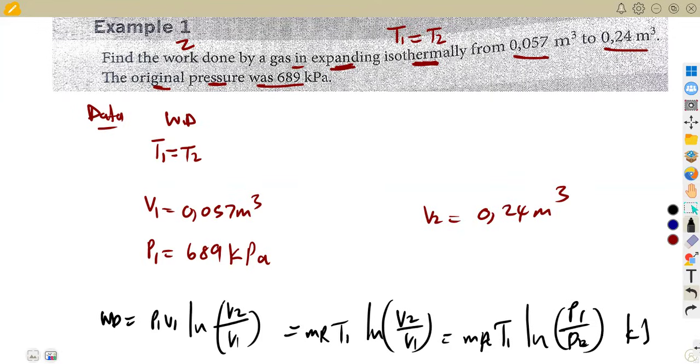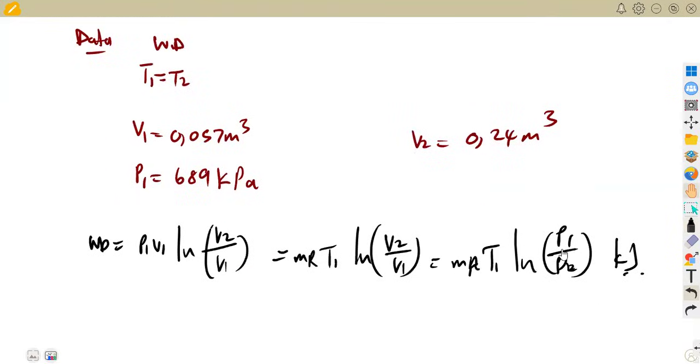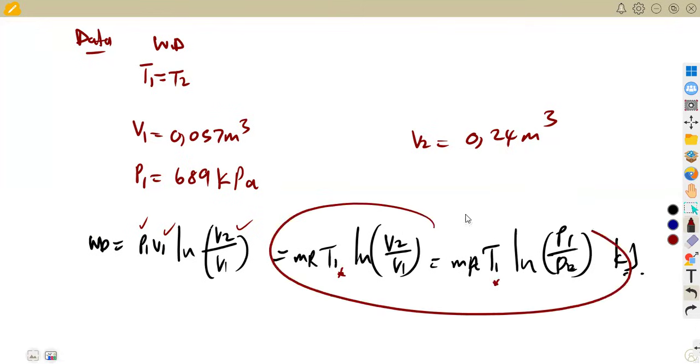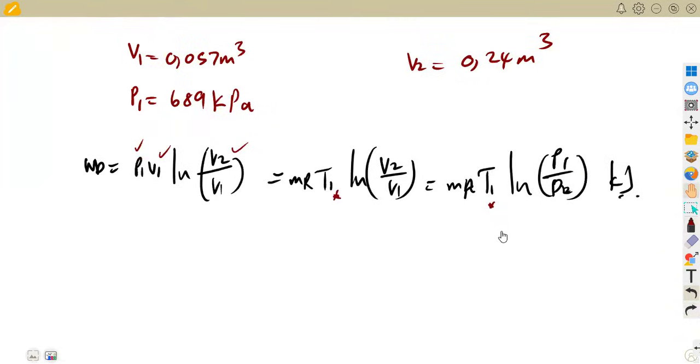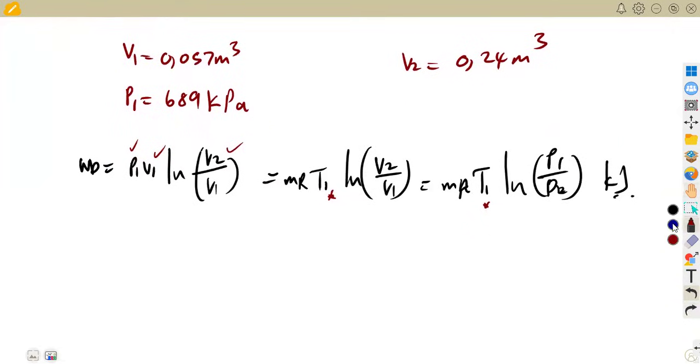That is how you calculate your work done. So in order to have this work done, we can use one of these formulas. We have P1, yes. V1, yes. V2, yes. T1, no, we do not have, even though they told us that it's isothermal, that T1 is equal to T2. So we can't use this unless we are to calculate T1. But from where? That will be another thing again to consider there. So the best formula to use under an isothermal to calculate this work done was this.